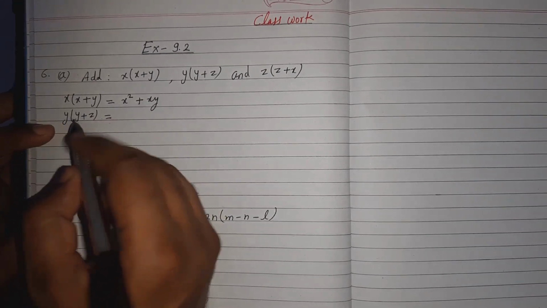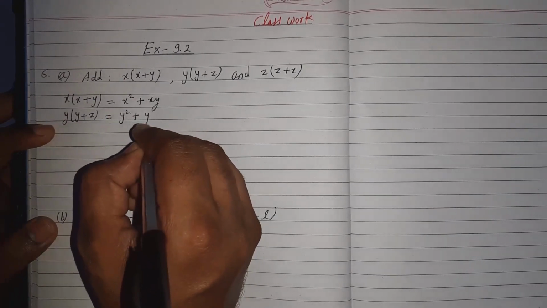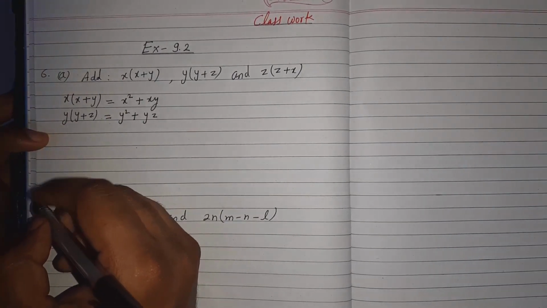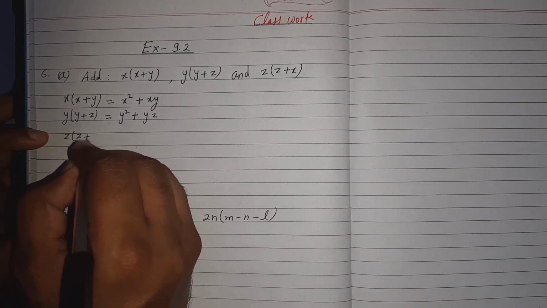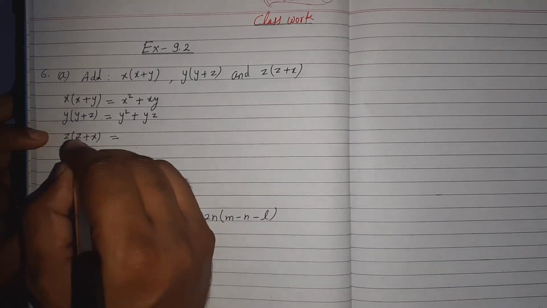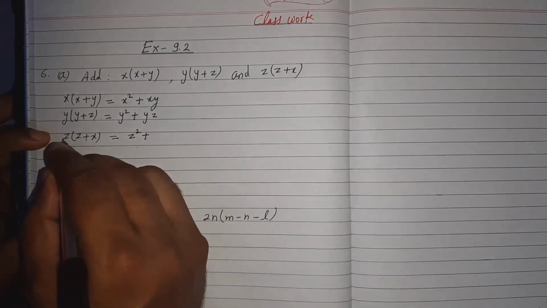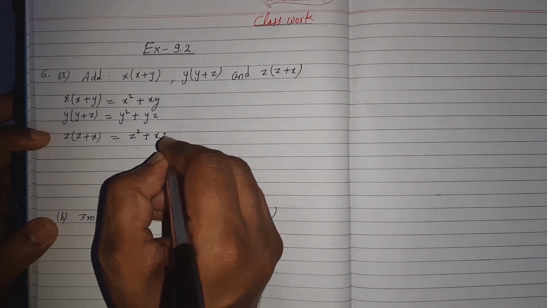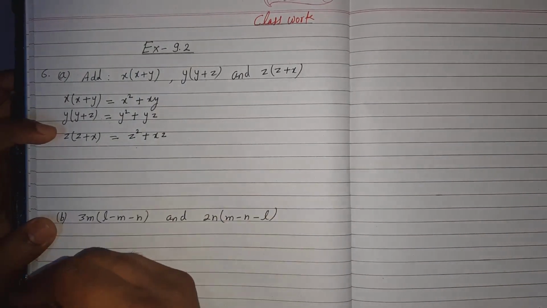So y multiplied by y is y square, plus y multiplied by z, yz. The third expression is z(z + x), so z multiplied by z is z square, plus z multiplied by x, xz.